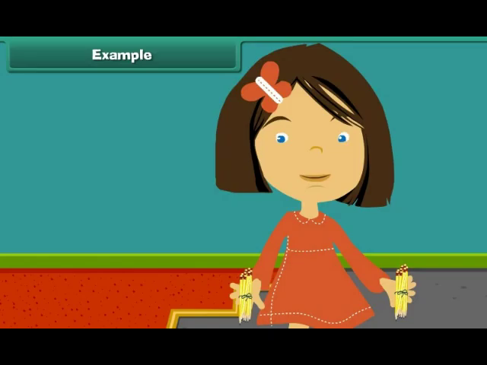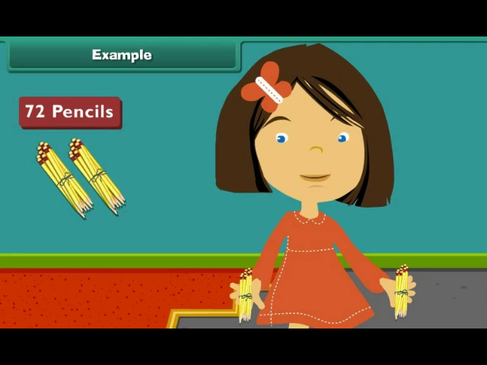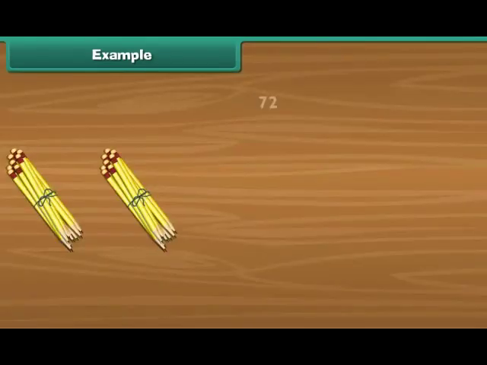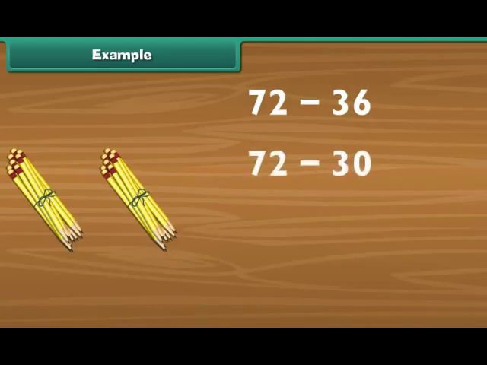Example. Reena's father bought her 72 pencils. She used up 36. How many are left? To find how many pencils are left, we must subtract 36 from 72. First subtract 30 from 72.